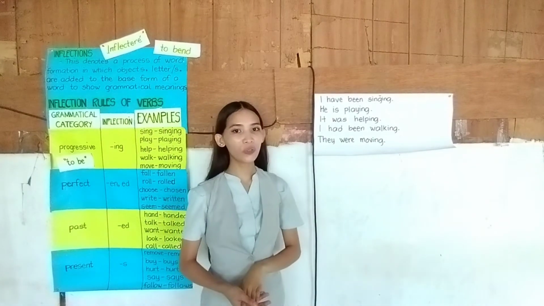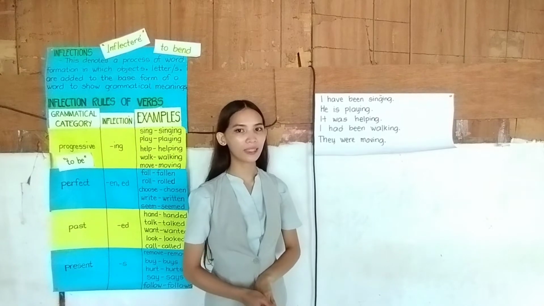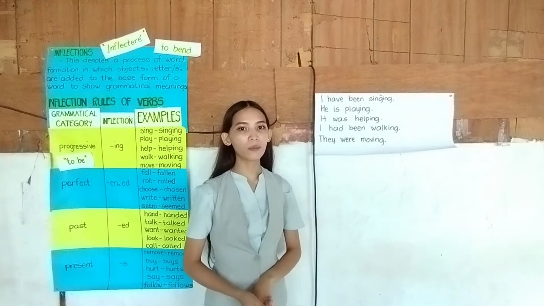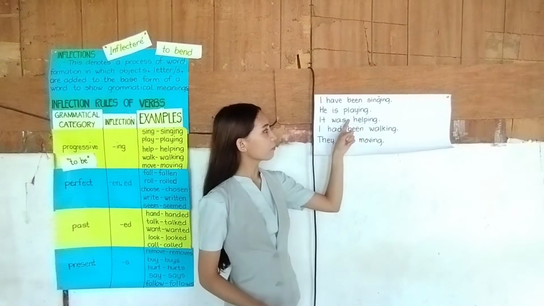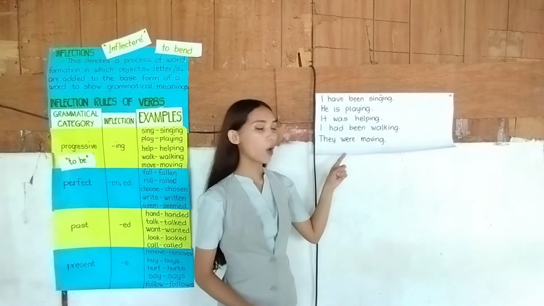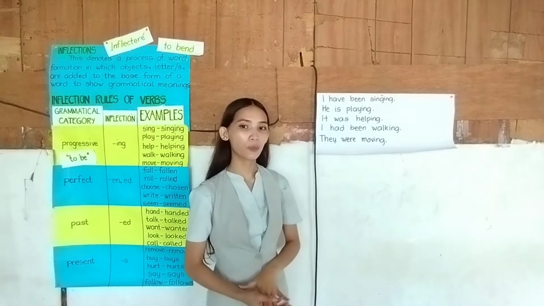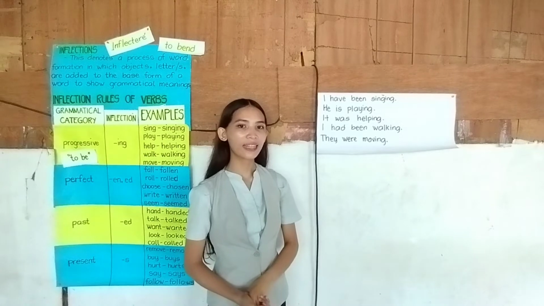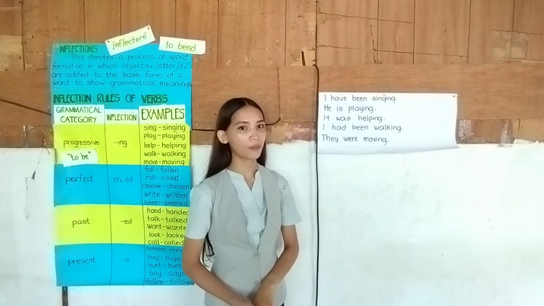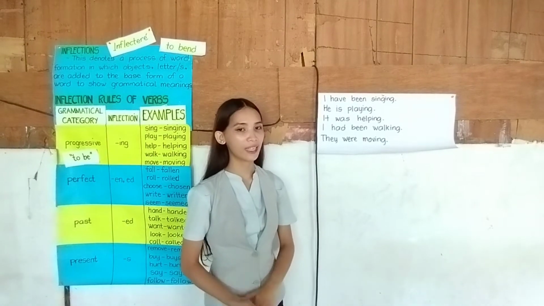As you notice in the sample sentences, the progressive forms singing, playing, helping, walking, and moving express an action that is continuing at the time referred to in the sentences.